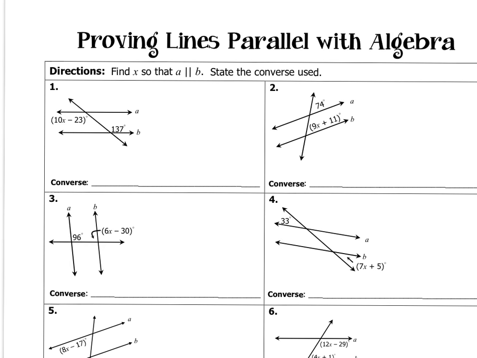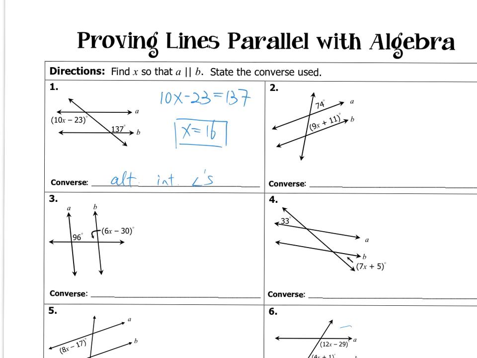If you first identify the relationship, so in the first one, they're alternate interior, and here's your setup. That should be your setup, and if you do your algebra right, you should have your answer as x equals 16. And then we should know that their converse is alternate interior angles converse to prove that A and B are parallel, right?